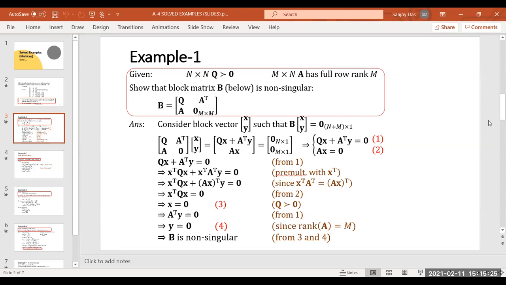Is it possible that Ax equals 0, although x is not equal to 0, because A is full row rank?